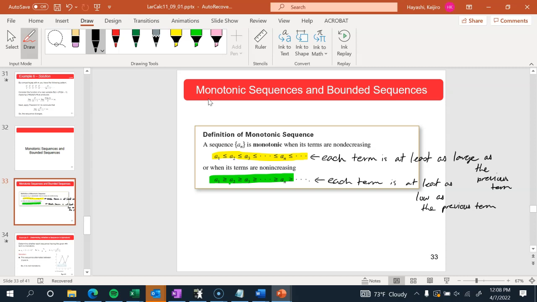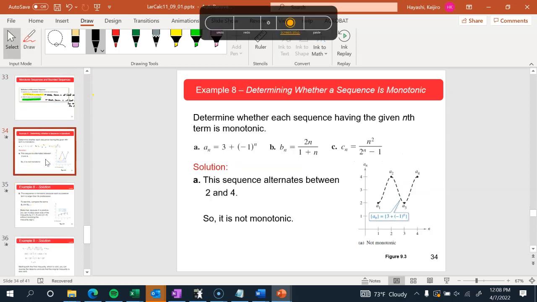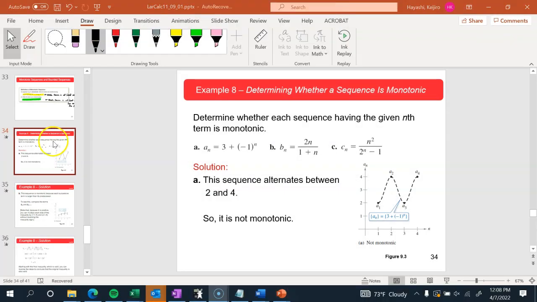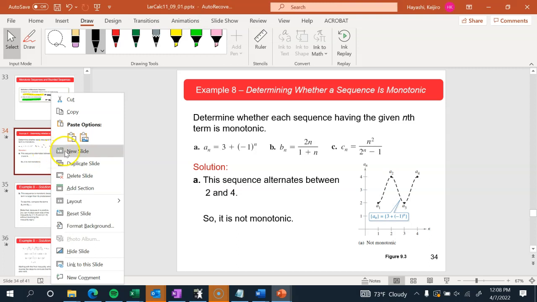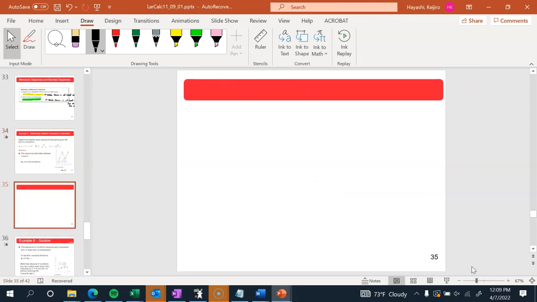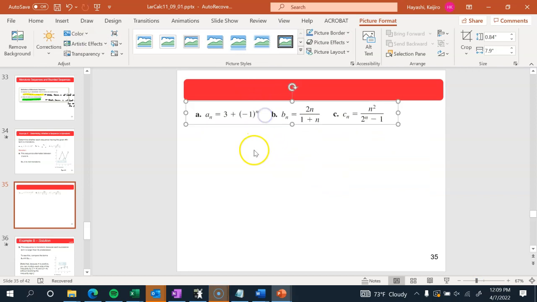So we'll check for the monotonicity of a couple of different sequences. We saw a couple of these sequences on Tuesday.